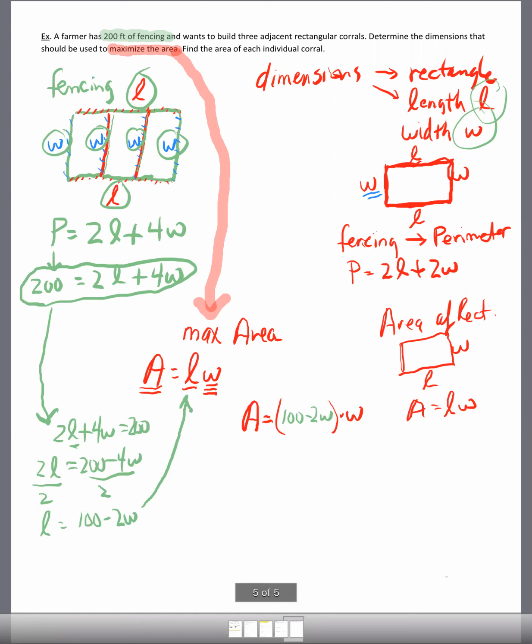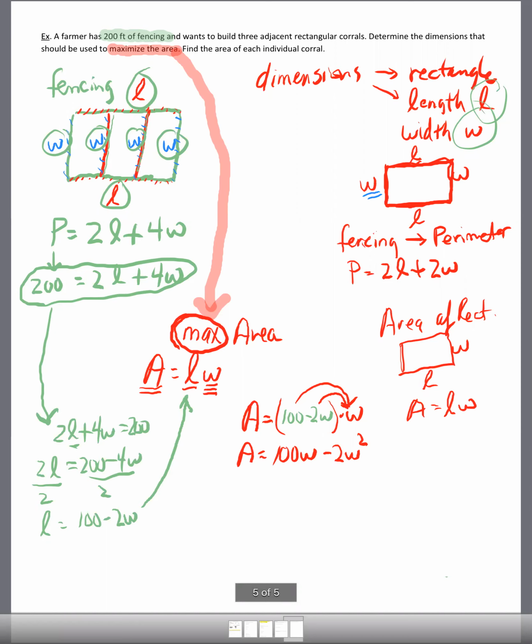Now I can go in here and look to see what the area formula really looks like. Area, well, this is a W on the back end, that's a distributor. So I'm going to take 100 times W. I'm going to take negative 2W times W. And I get 100W minus 2W squared. The problem asks us to find a maximum.